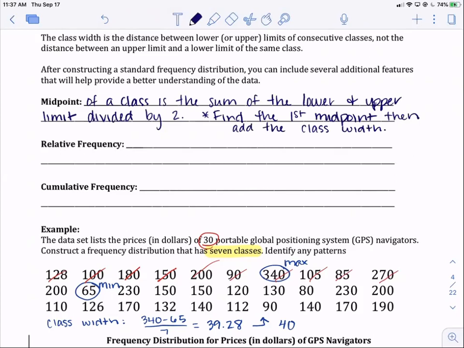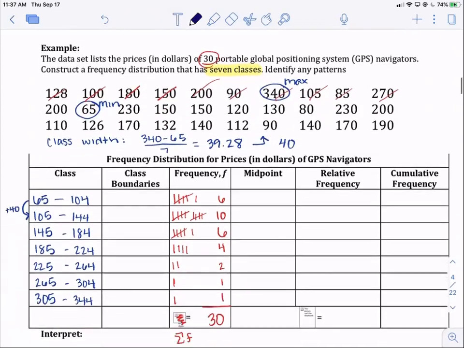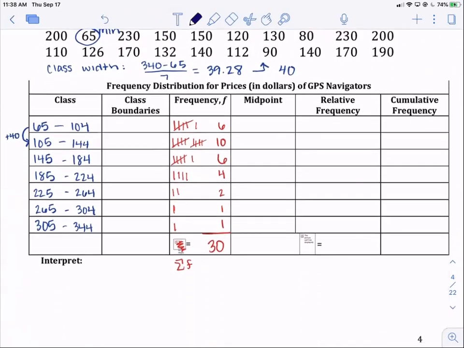Okay, so sliding back to our table, our first midpoint, we're going to do 65 plus 104, then divide by 2, which is going to give us 84.5. So 84.5 is our first midpoint, and then work your way down. So 84.5 plus 40 gives us 124.5.